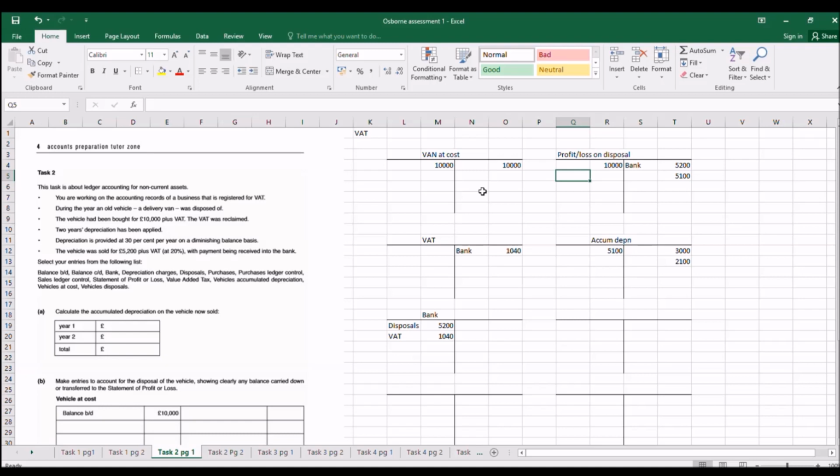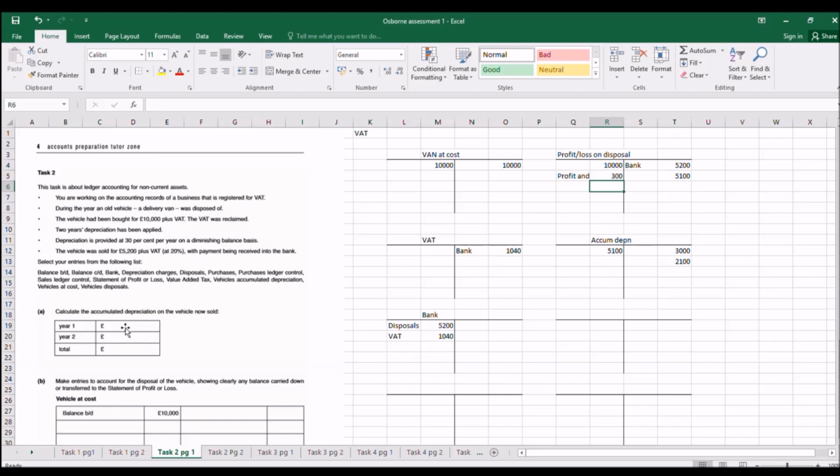So we're going to transfer to the profit and loss account. Well, we'll leave it as profit and loss on disposal, which is going to be the difference between those two, plus that minus that there. Okay, so that's our profit. So that's what the T accounts will look like.